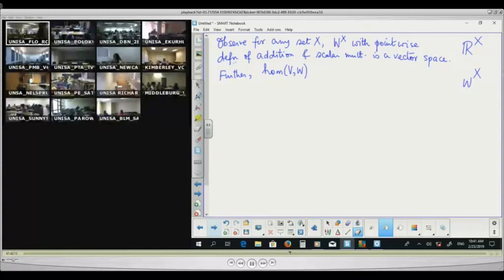This is the set of all linear transformations. So in particular, they are functions from V to W. So this is sitting already there. You see that last exercise was so powerful.